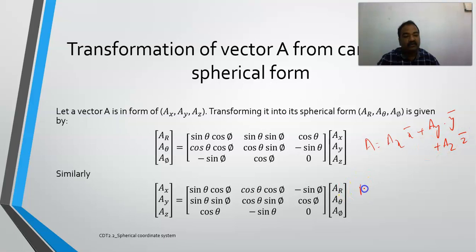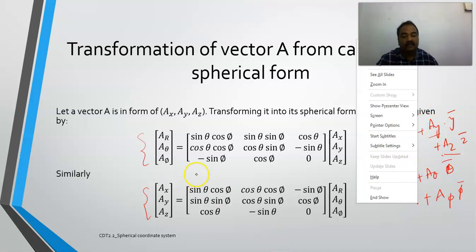Now I want to convert this into Ar R bar plus A theta theta bar plus A phi phi bar. Ax, Ay, Az are given. If I want to get Ar, A theta and A phi, this is the formula which I'll be using. These equations are basically used for conversion of vector components from one coordinate system to another.